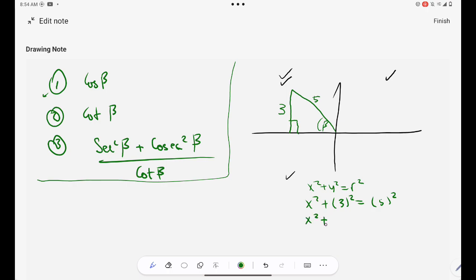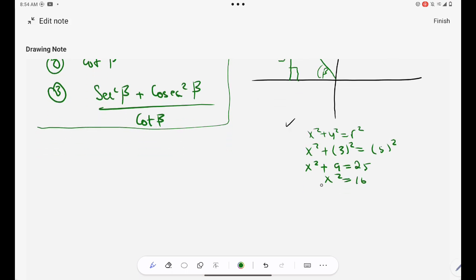So I have x squared plus 9 is equal to 25. So x squared, when I take the 9 to the other side, will become 25 minus 9, which is 16. Then I'll just introduce square root on both sides. Whenever I introduce square root on both sides, my right hand side must always say plus or minus, and the square root of 16 is equal to 4, right?